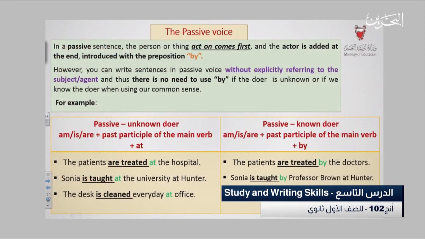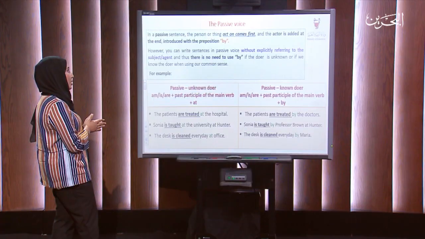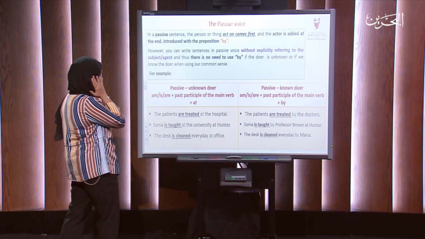Now, since we recalled certain things, let's move on. In order to have academic writing, the passive voice is very important. It's highly recommended actually for academic writing. Now, what is a passive voice?